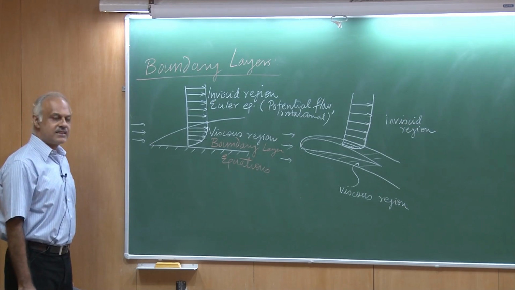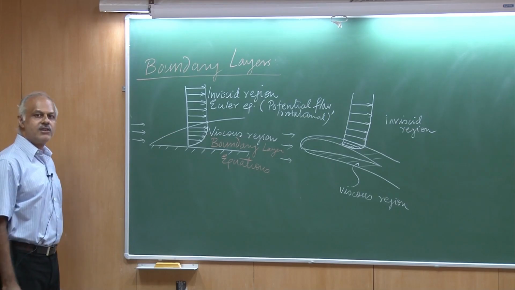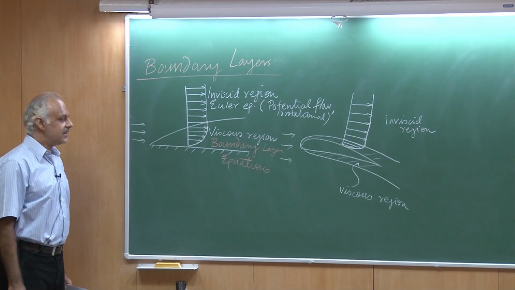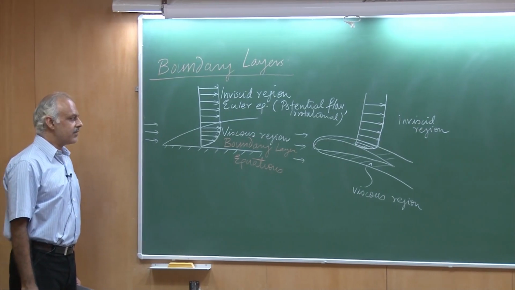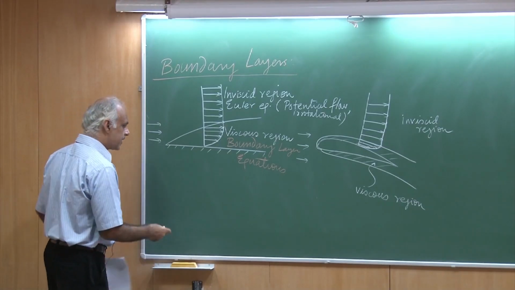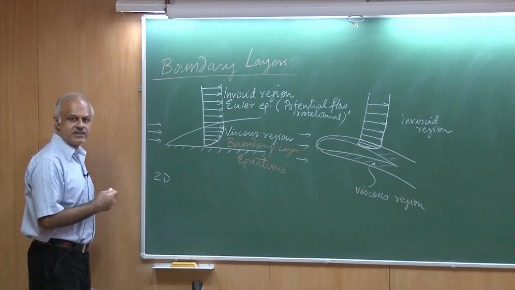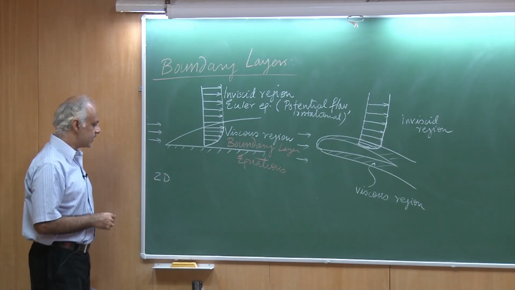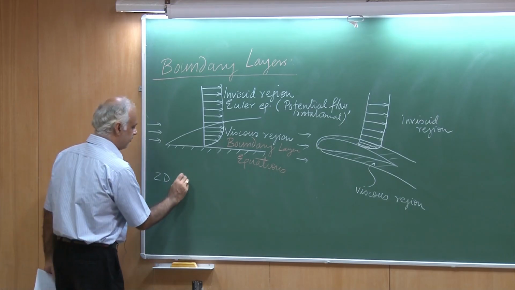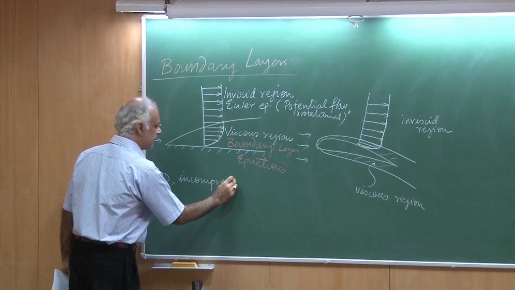So today in this session we are going to derive the boundary layer equations. I have already given you a foundation of that in the earlier classes, but today we are going to follow that up with more rigor. So let us assume that we are dealing with a two-dimensional flow, although these equations would be valid for 3 dimensions as well. We will further assume that we have an incompressible flow.